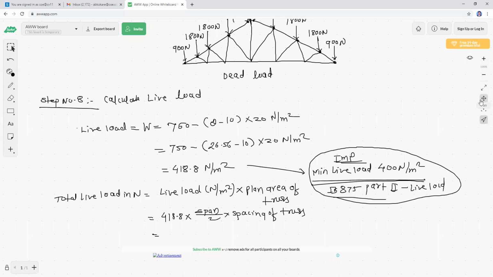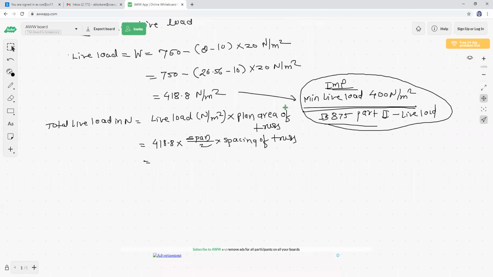So I have shown you plan area of truss in the dead load calculation. So now directly you can put the values into span 10 by 2 into spacing of truss is 4 meter. So calculate total live load in Newton.